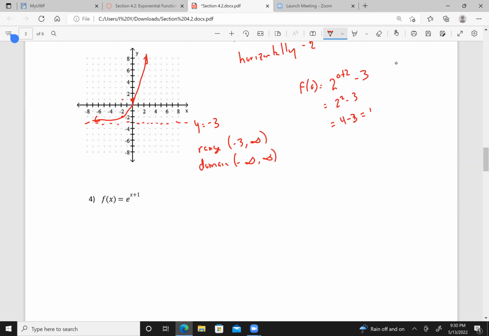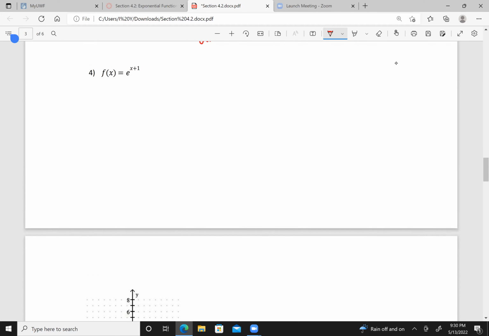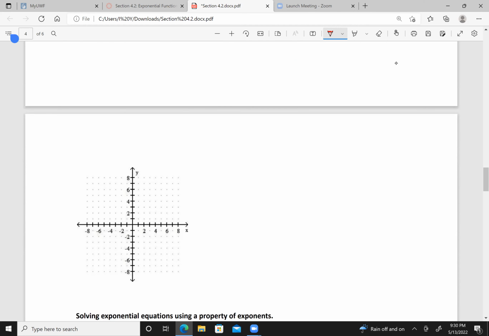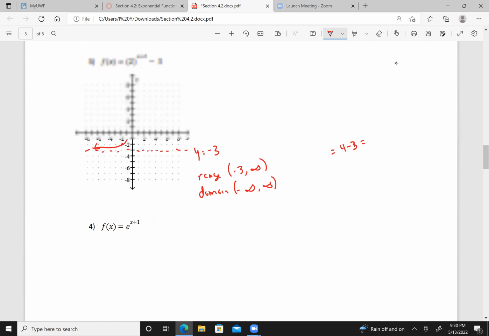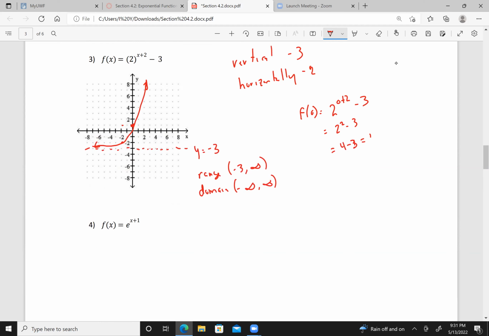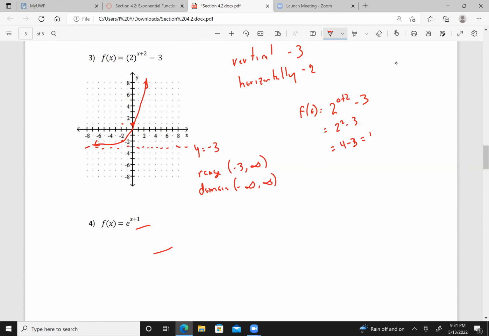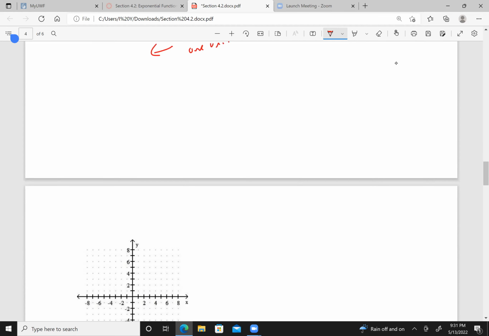Okay, now we're looking at e to the x. Do I have a graph? Yes, I do. So all I'm doing here is going left 1 unit. So on my graph, my asymptote is y equals 0.